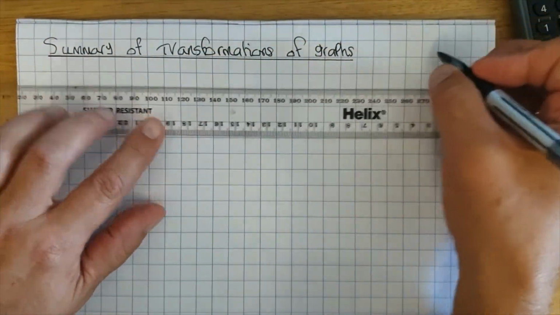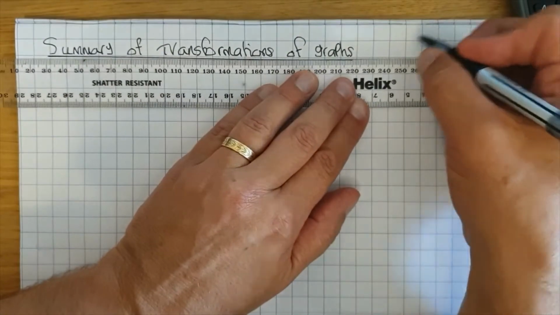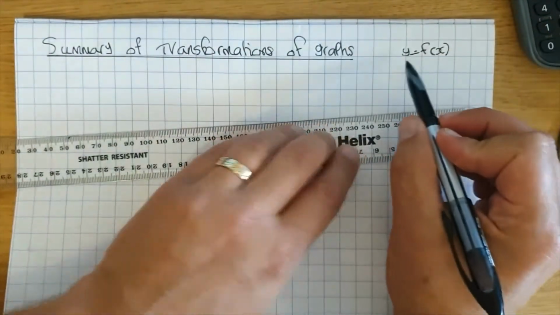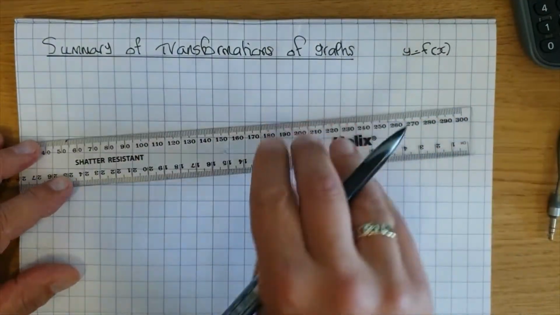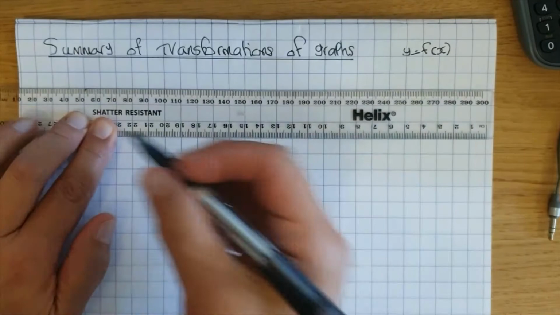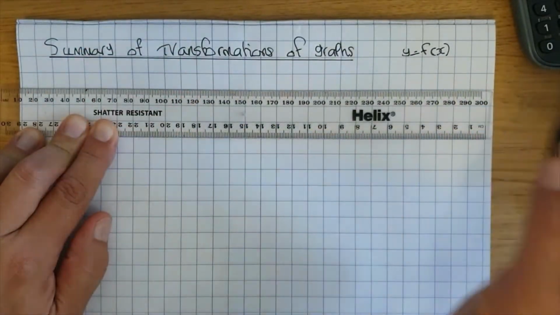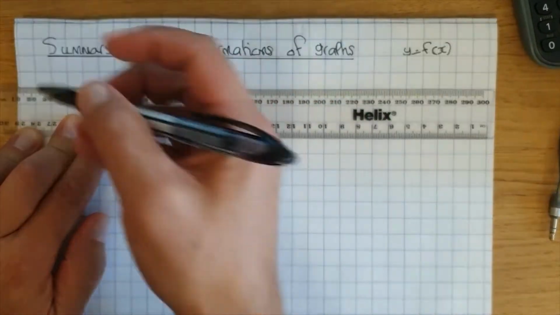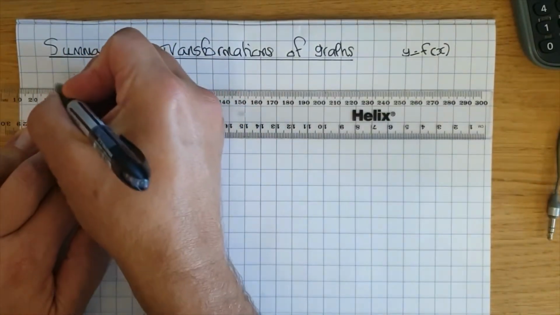We're going to use a generic function, y equals f of x. So y equals something that happens to x. That's all we need to know. And we're just going to consider the 6 cases. So f of x could be anything. Could be sine x, cos x, x squared, x cubed, 1 over x. Doesn't matter. So here's the first case.